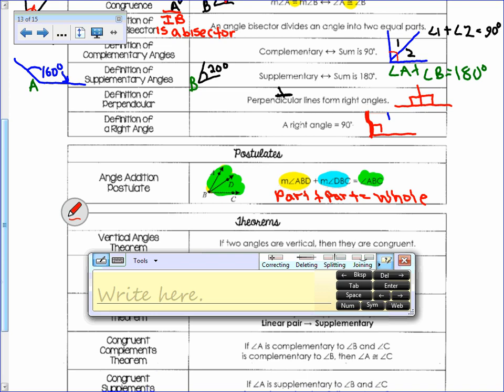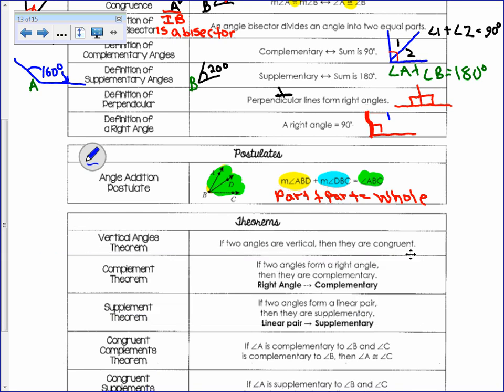Now, the vertical angles theorem, I'm going to draw a picture of those angles. Vertical angles look like this. These are my vertical angles. Let's say this is angle 1, this is angle 2. These angles are congruent. Remember how I said to do congruence.